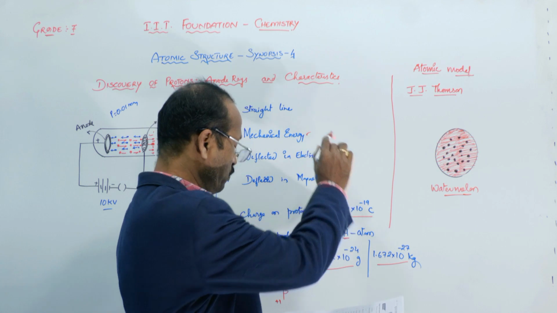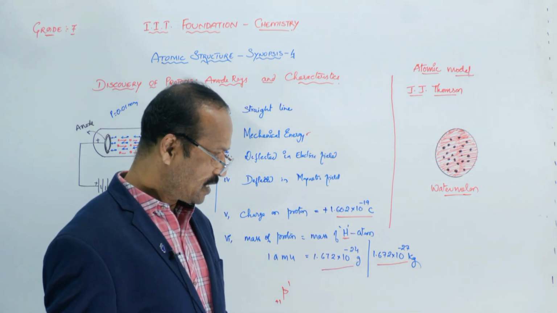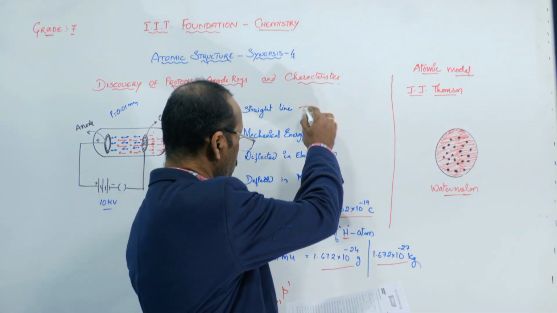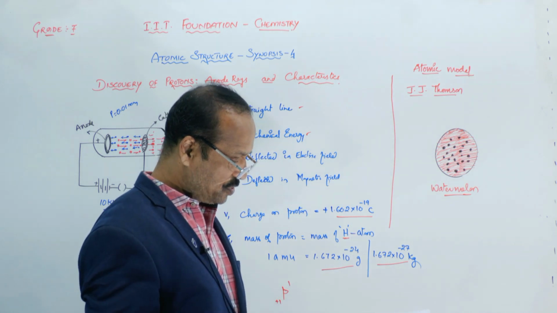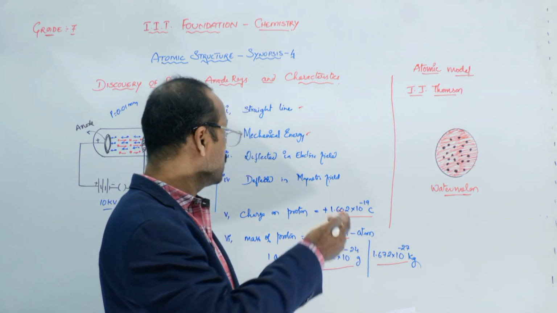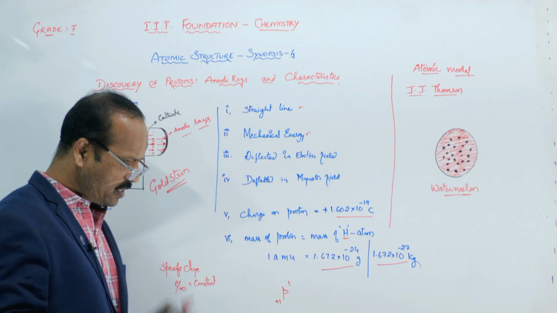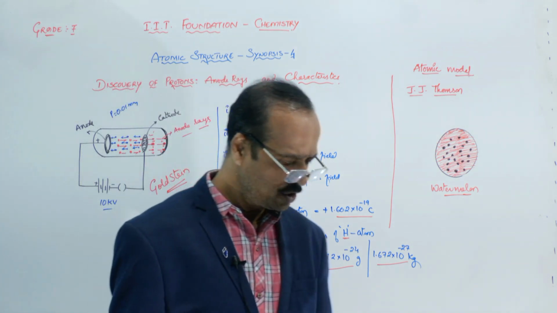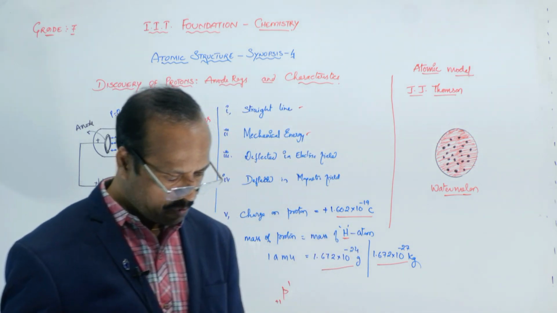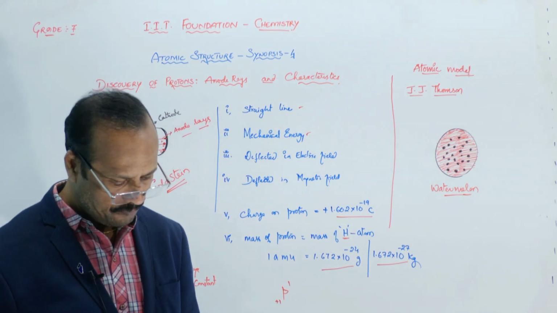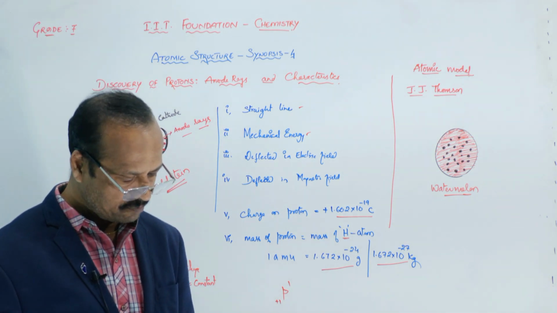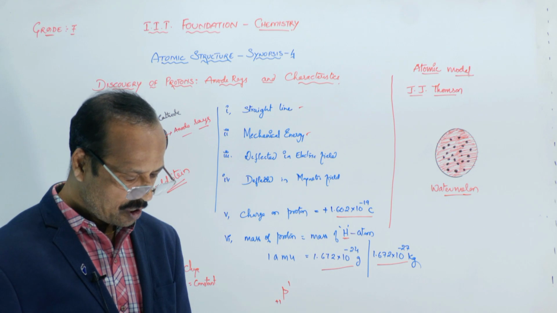Yes. Anode rays travel in a straight line. Yes. Anode rays constitute positively charged particles. Yes. So all are correct here. So the option is 2. Thomson atomic model can explain only electrical neutrality. Yes, so the option is 2.